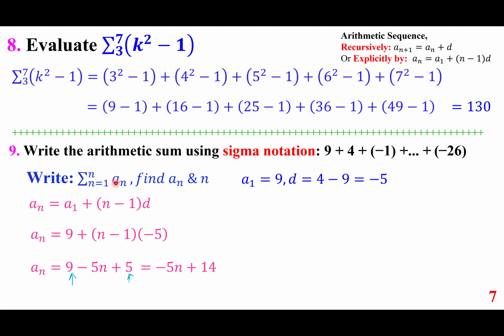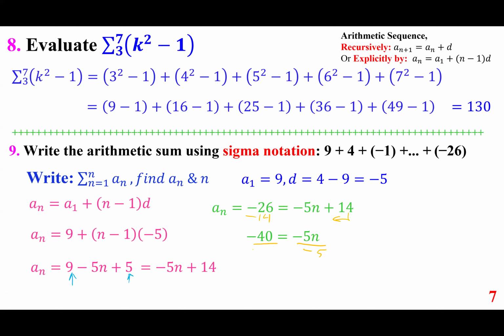But what is n? Well, the last one, we don't know which term it is. So we put it into this. In other words, we set it equal to this to find the n number. So a sub n is -26, the last one. And it's -5n plus 14, which means when I move the 14, subtract it, we get -40.